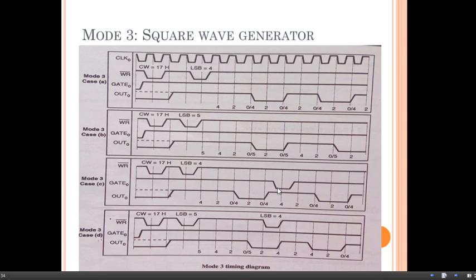So when the gate is disabled, the counter restarts from the first value, that means 4. So 4, 2, 0 means the counter value will be initialized once again, and the counter will start counting from 4, 2, 0 and so on.